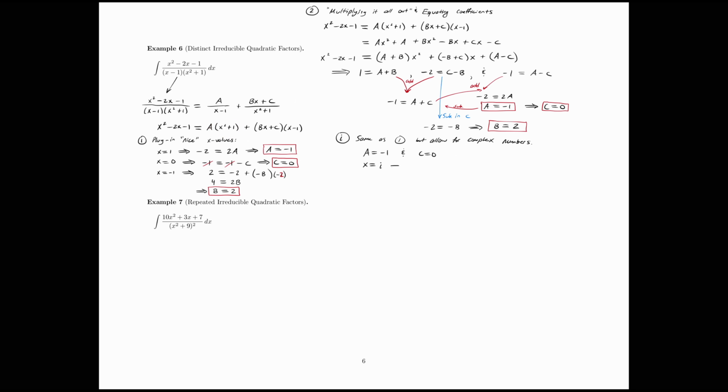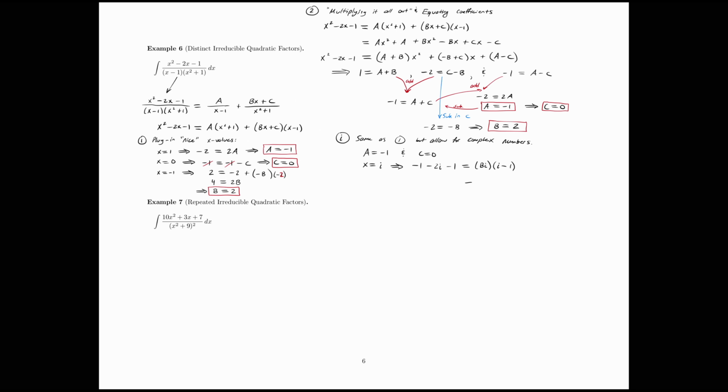So if we plug in x equals i, then the left-hand side of our equation becomes -1 minus 2i minus 1, and that would equal, we already know a is -1, but plugging in i will cancel this whole term because i is a root of this polynomial. So this term goes to 0, and we just have to plug in i to that second term. So this would be bi plus 0, since c is 0, and then we would have i minus 1.